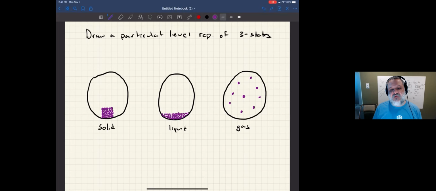And the last thing that I would want to do is to show the reader that not only do the gas particles evenly spread out, not only are they far apart, they take the shape of the container, but they're in constant motion. So I might want to go ahead and make some sort of trails or something to kind of give me an idea that they're in random motion, going all sorts of different directions.